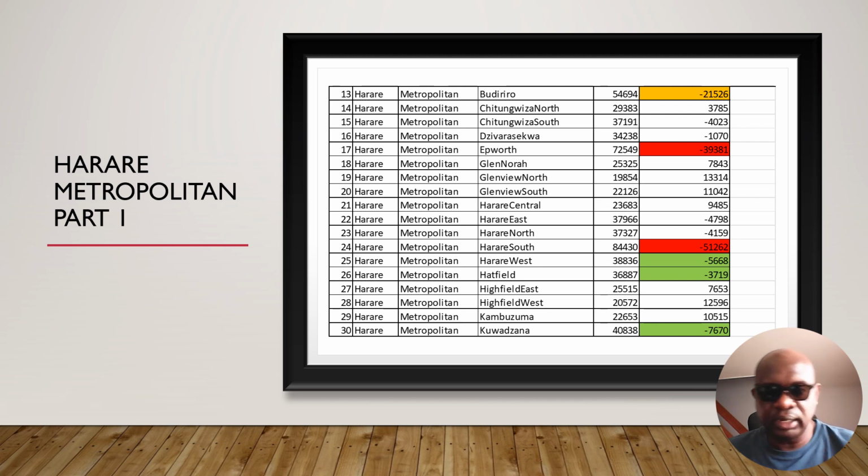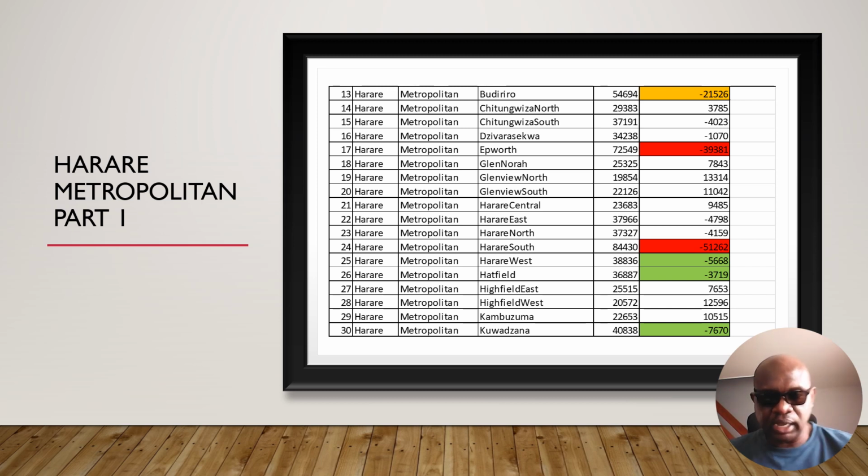Right, in the Harare metropolitan, you can see in these constituencies we have the orange one here, which means the population has exceeded by quite a considerable number.